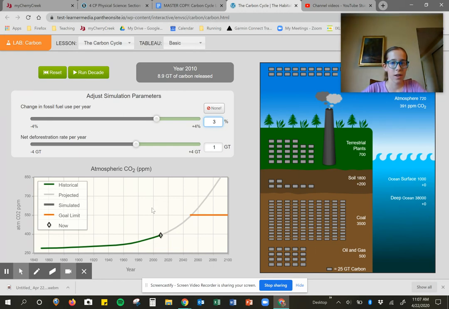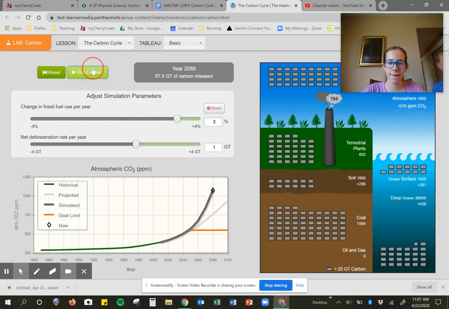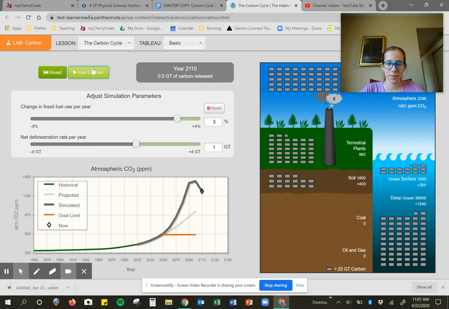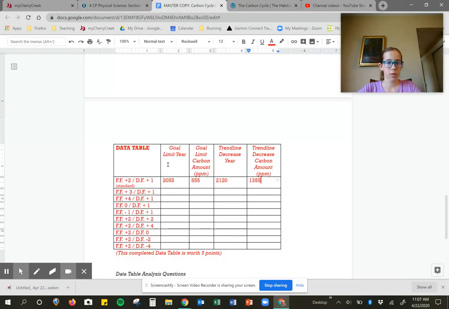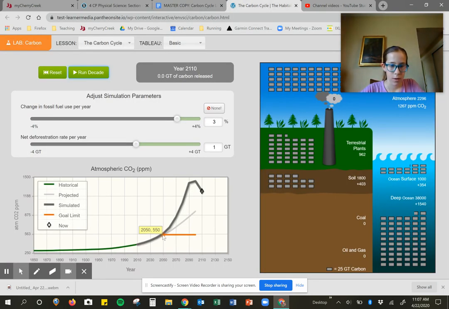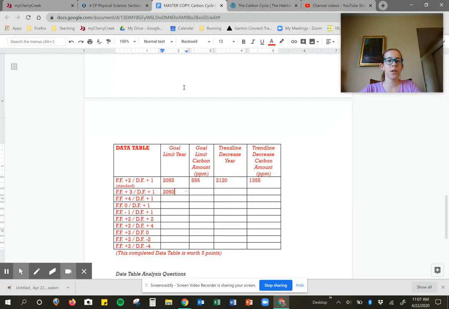So the next thing that we're going to do is keep clicking run decade. Okay, it's about 2050, and then 550.